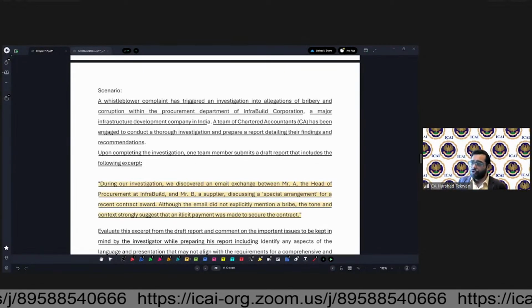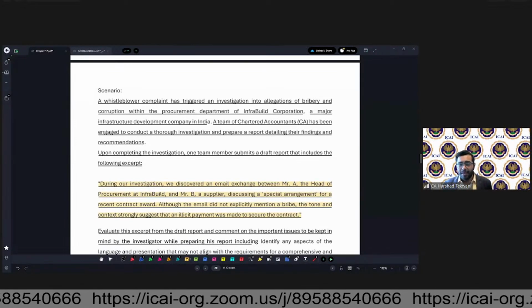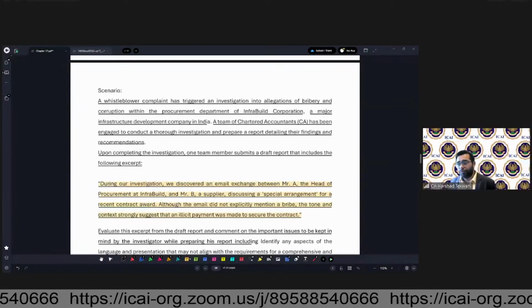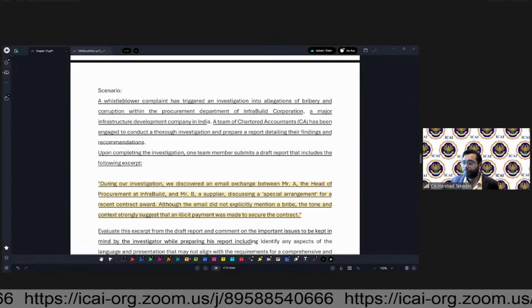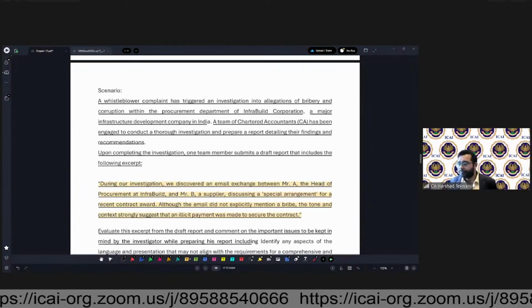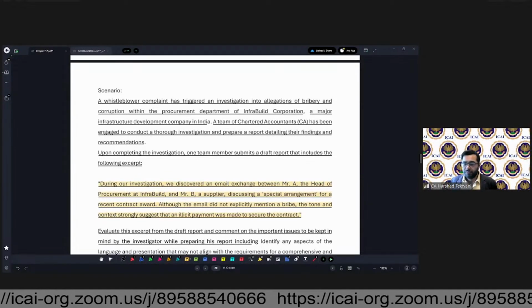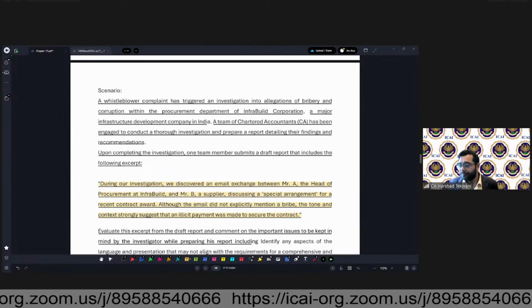This is a classic question on how to write an investigation report. Very good, Abrakesh. Yes, very good. Anything else?